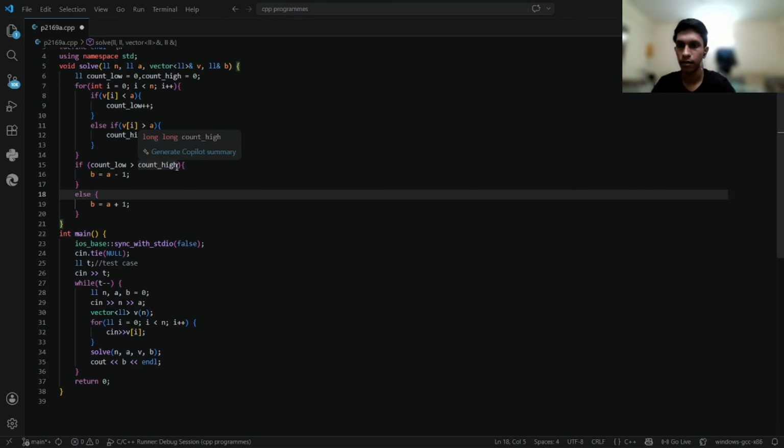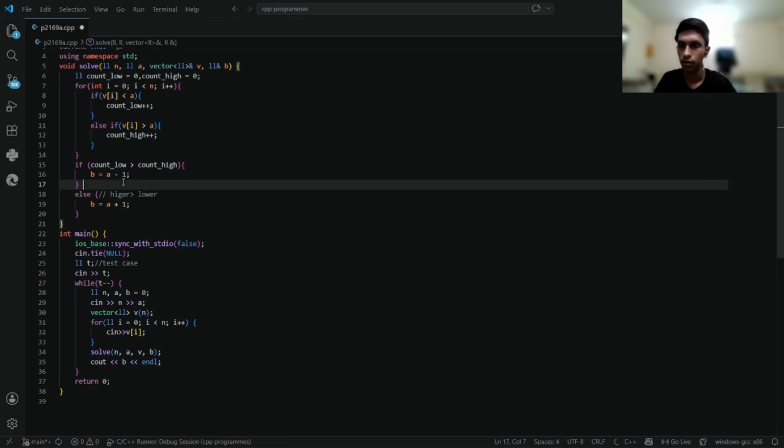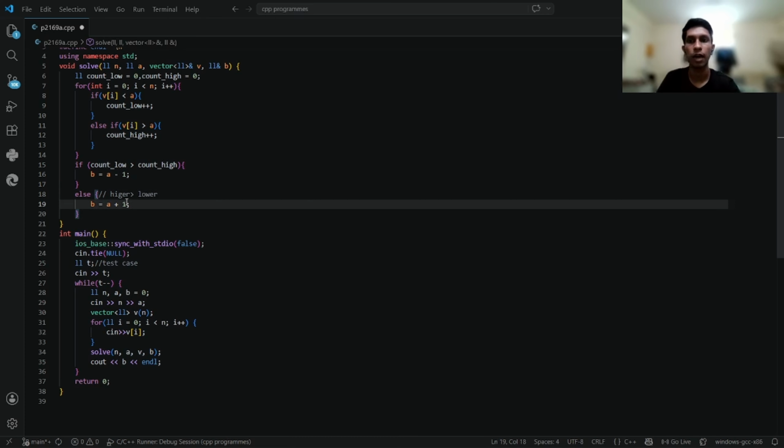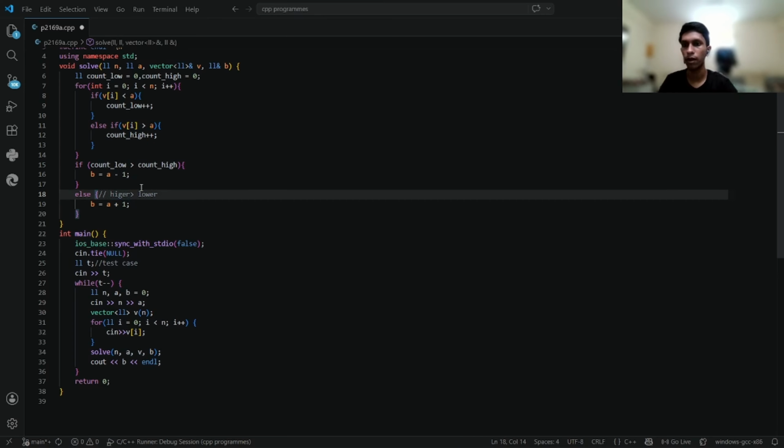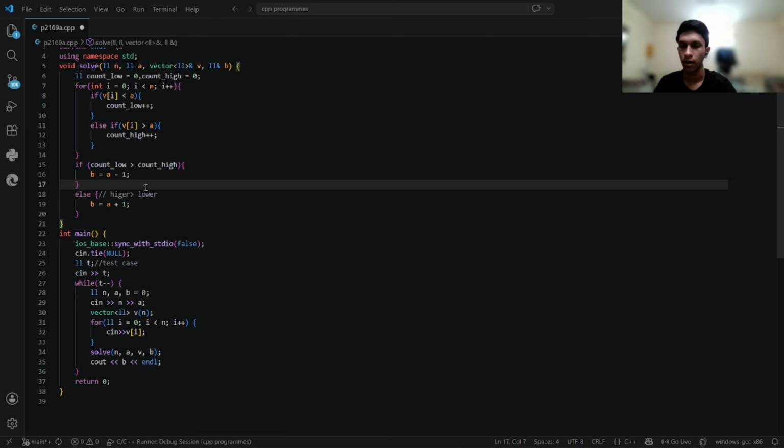Else, it means the higher count is greater than lower count, so we'll choose a number higher than Alice's point. Since the higher numbers are greater in number than lower numbers, we'll get all the higher numbers, and Bob will end up winning the match.